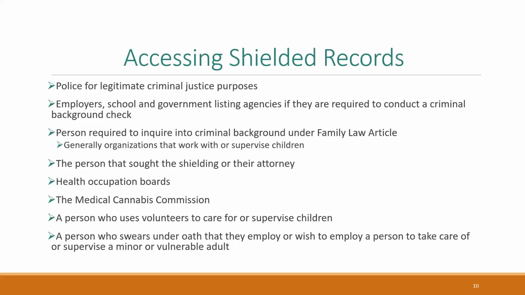And then, of course, the person who actually filed the petition for shielding or that person's attorney could ask to look at the case as well. Now, in most of these circumstances, the person is going to have to file some paperwork with the court to get permission to look at shielded records that would otherwise not be a matter of public record any longer.